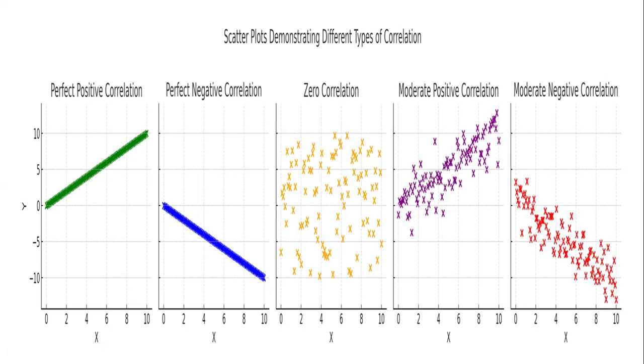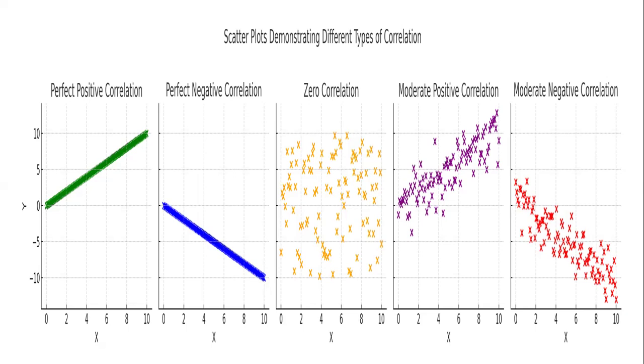Maybe it's nearly equal to one, but not equal to one. And next, the data points are packed, but not like perfect negative correlation, and it makes a downward trend. So maybe the correlation is nearly -1.